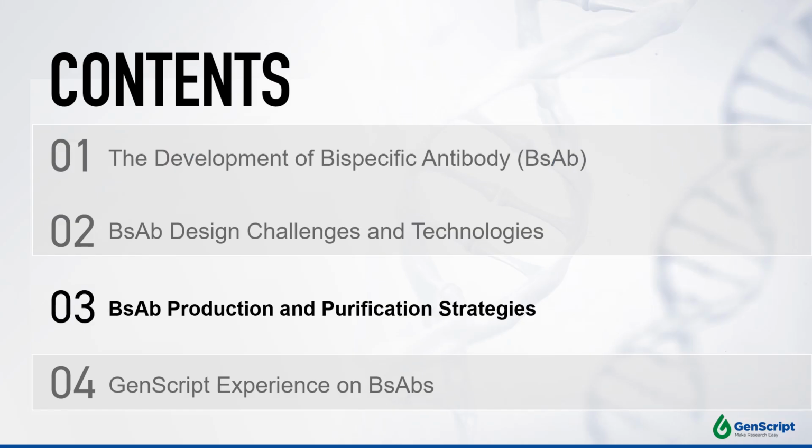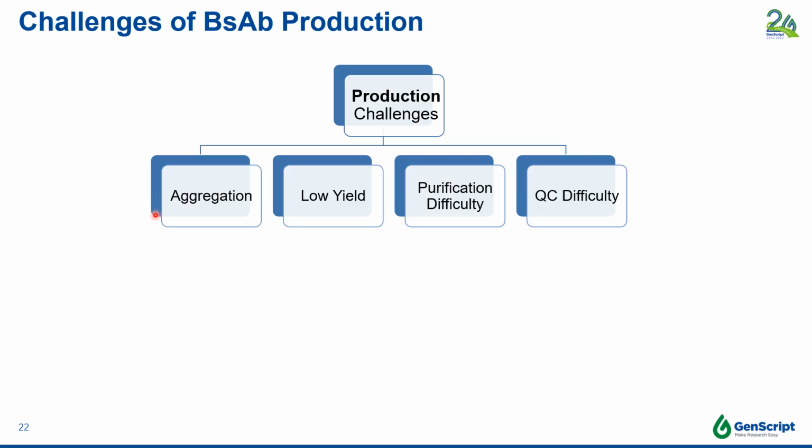Now let's move on to BsAb production and purification strategies. Aggregation is mostly generated from long linkers in the design and low pH during purification. Maybe you cannot avoid using a long linker, but you can try higher pH in the elution buffer.